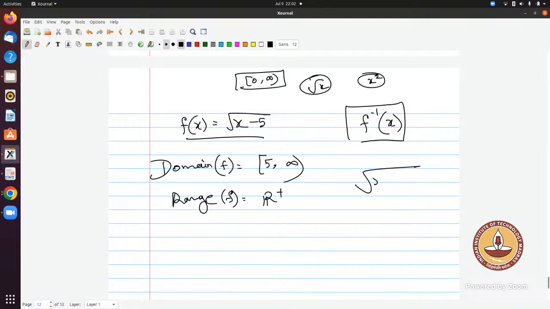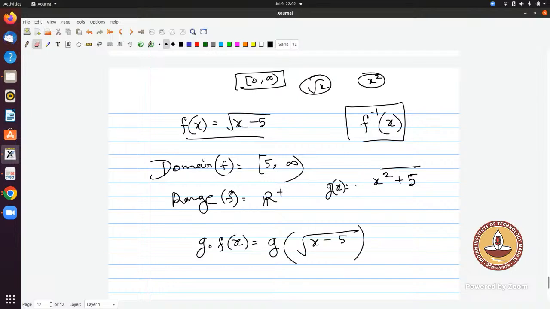So g of f(x) is root of x minus 5, whole squared, plus 5.